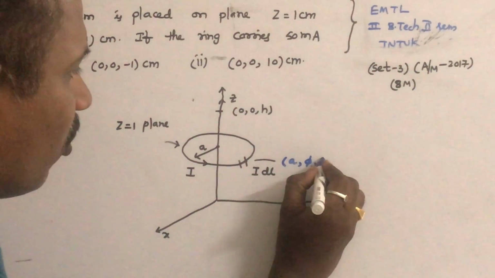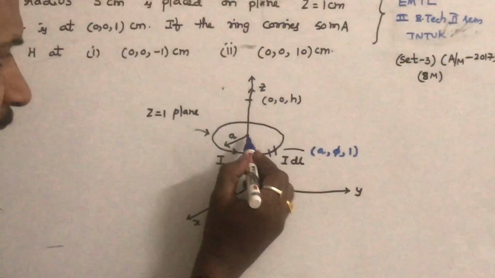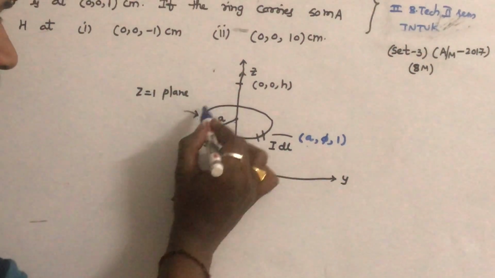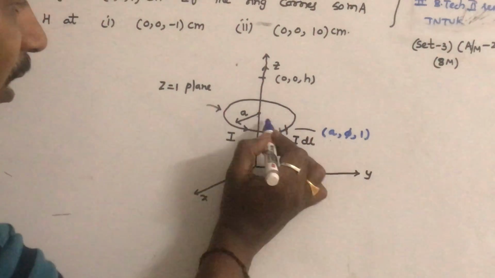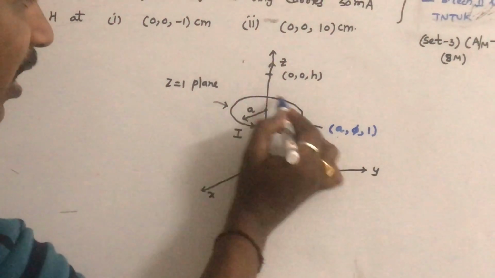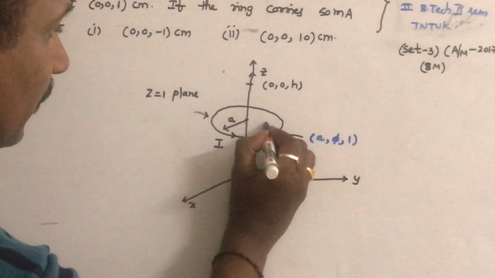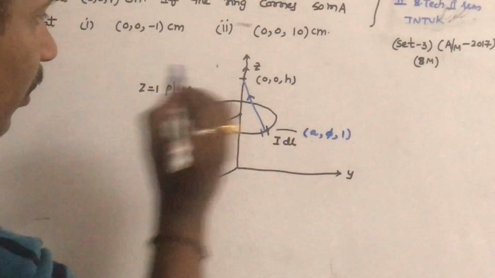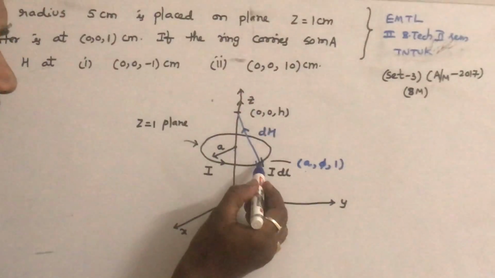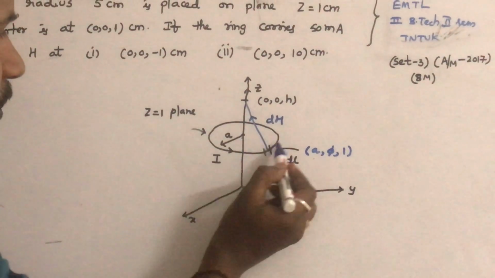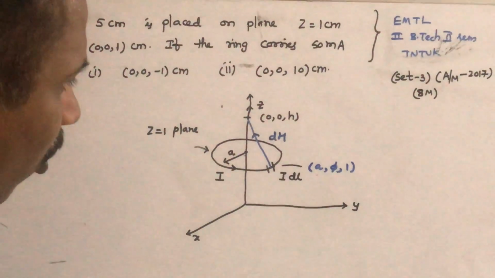Because the ring is in the z equal to 1 plane, any point on the ring can be taken as rho phi z, where rho is everywhere a, the angle is phi, and z we have to take as 1. From this we calculate dH, then later we will integrate over the entire circle to get the entire H. So first we have to draw this diagram.